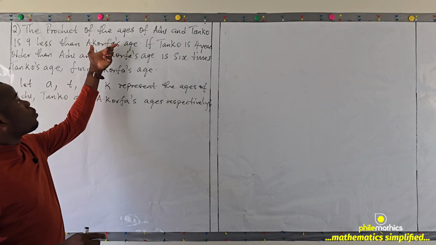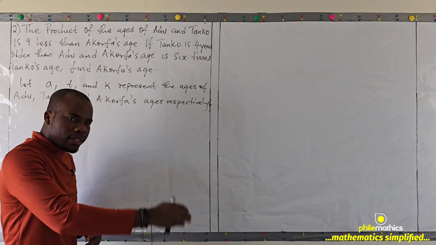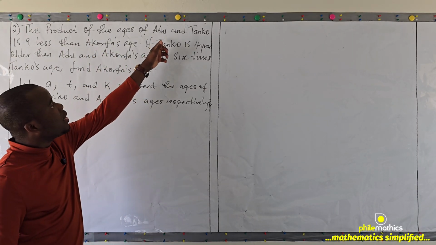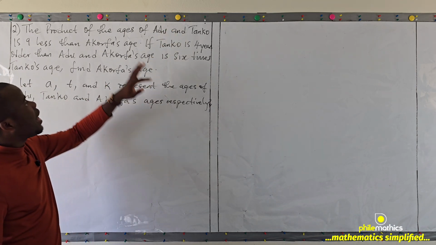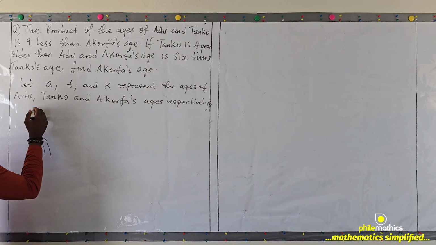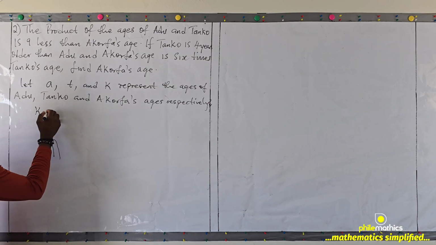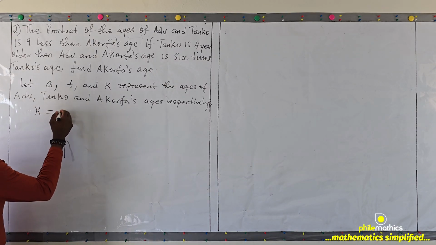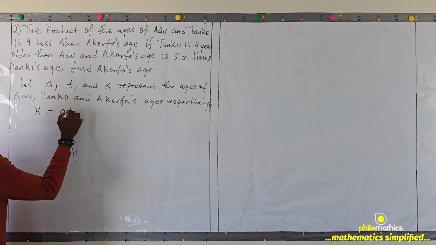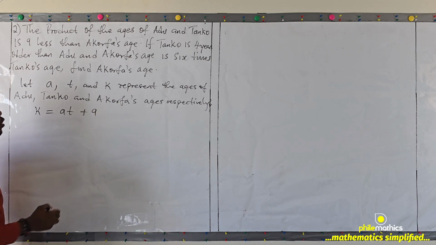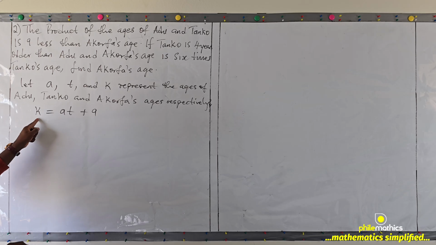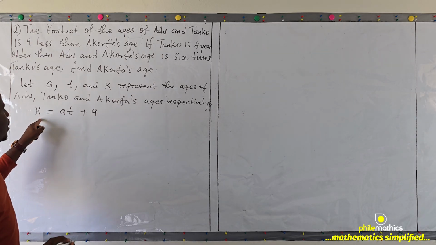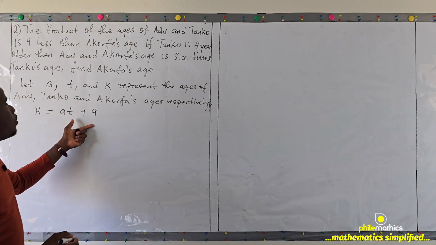Or if you subtract 9 from Akofa's age, that is how you get the product of their ages. So Akofa's age is the product of Adu and Tanko's ages plus 9.